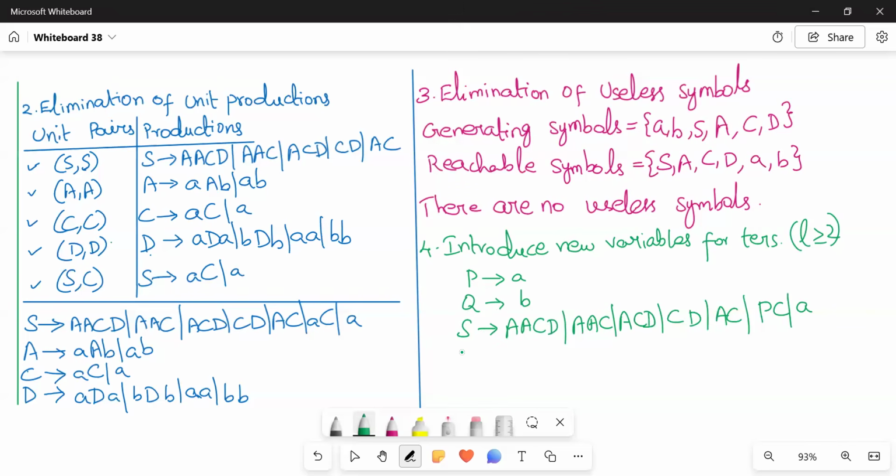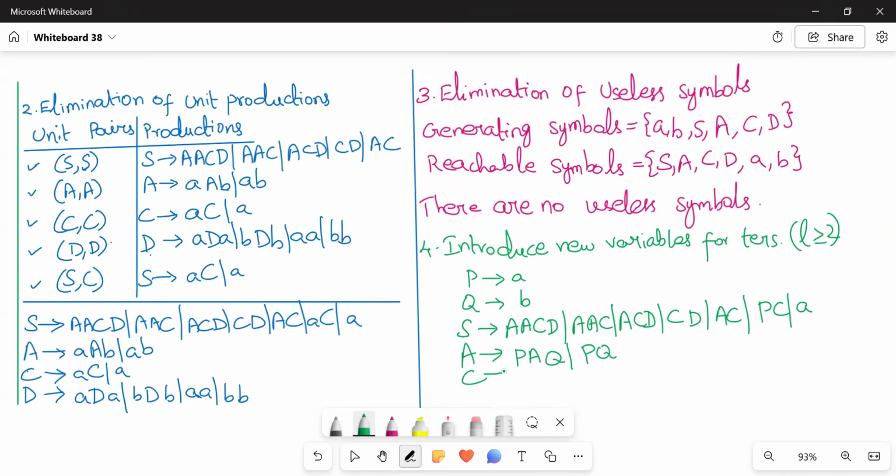Then A tends to, so in all the productions, substitute P instead of A and Q instead of B. So P, A, Q. But the condition is the length must be greater than or equal to 2. PQ.